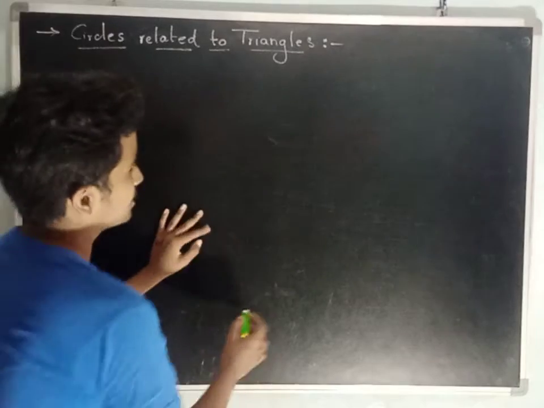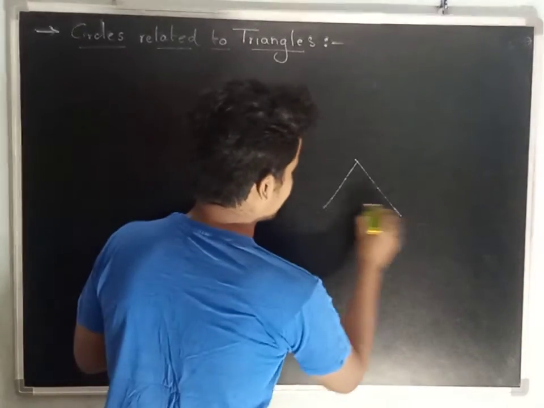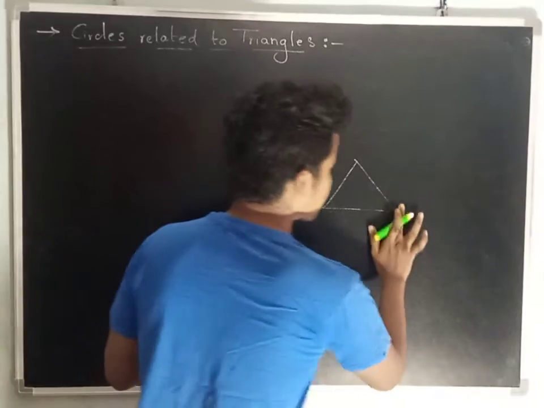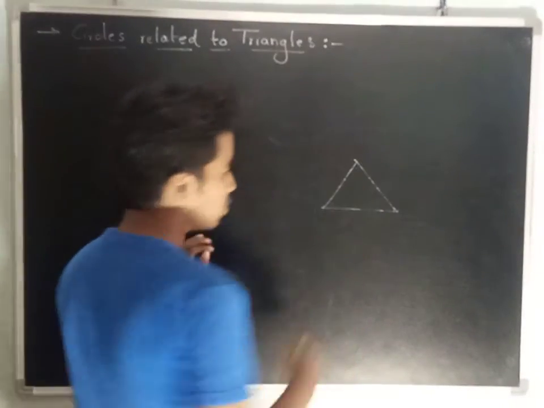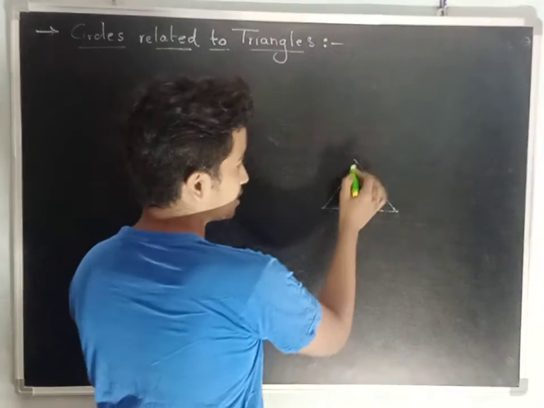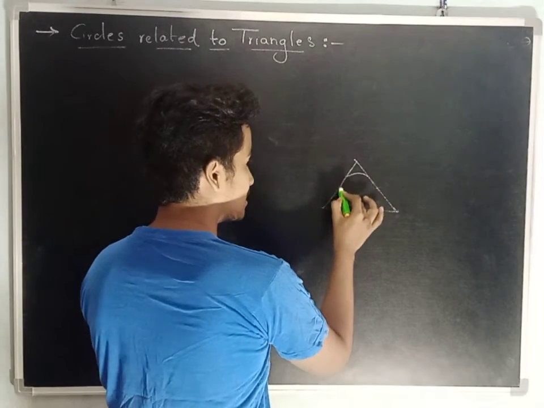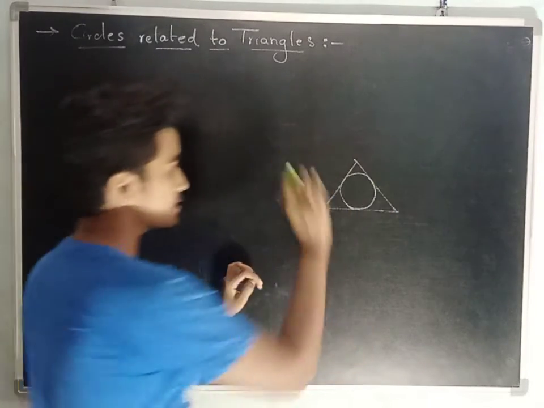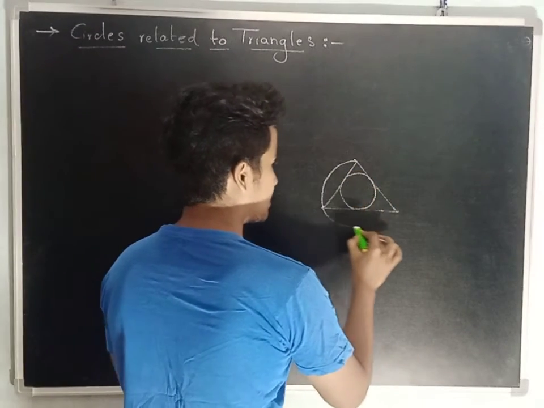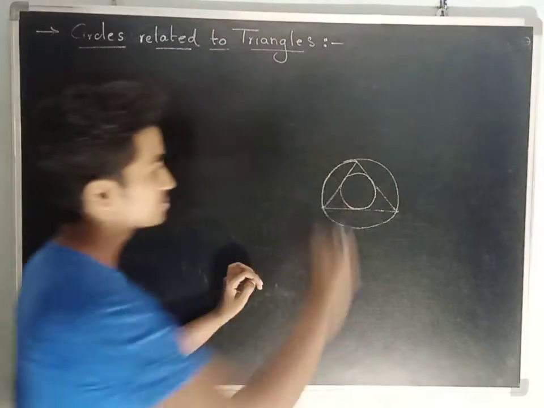Basically, in general, for a triangle, there are basically two types of circles that we can draw on it. One is the circle which lies inside the triangle, and the second is which lies outside the triangle.